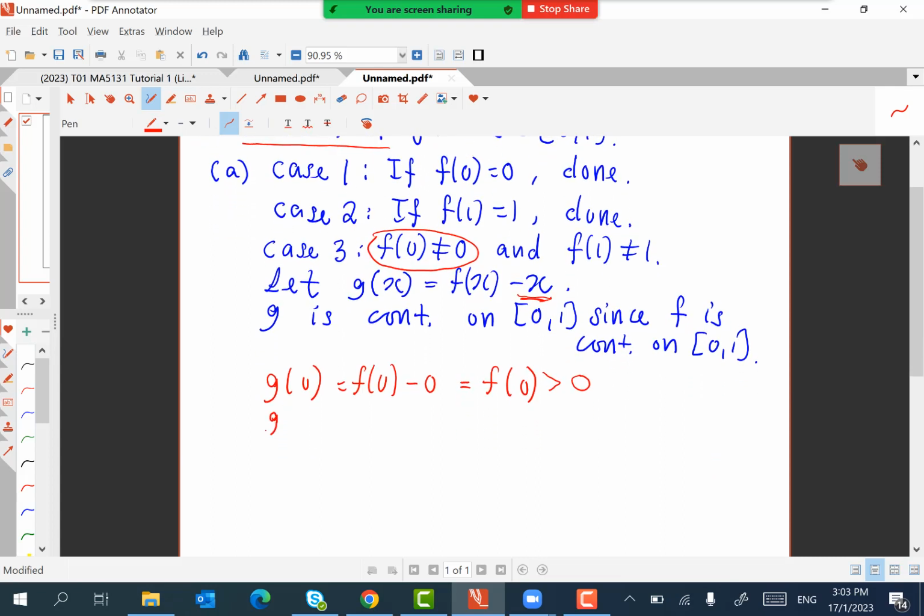Then let's calculate g(1). g(1) is f(1) minus 1.